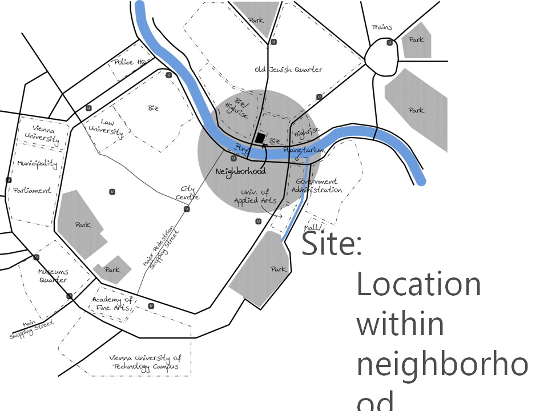And we also have to think about main axes of vehicular traffic. So we have the Ring, but we also have the axis towards Augarten, which goes through the old Jewish quarter, the second district. And then we also have the road towards Praterstern, the train station.